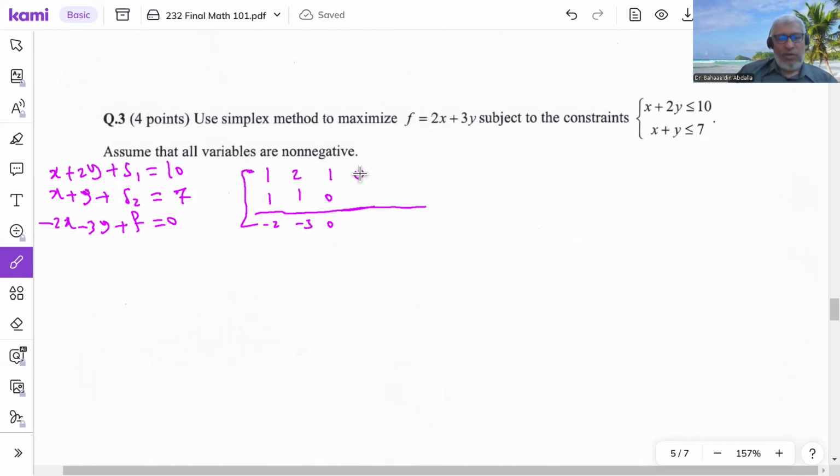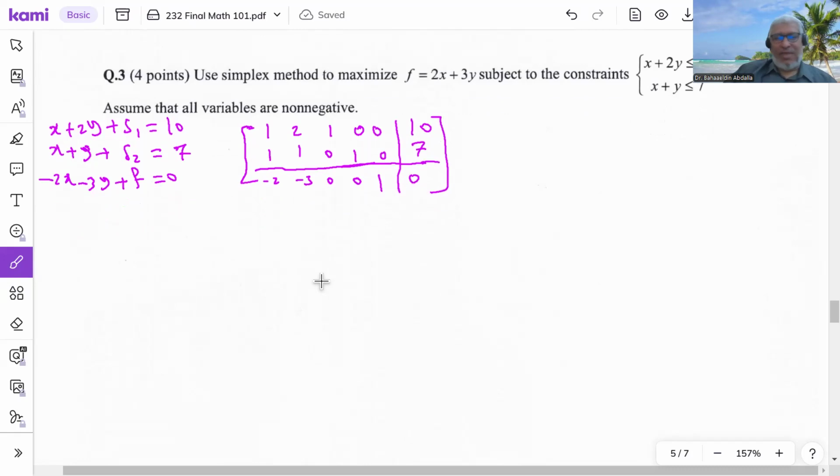The coefficients of S2, there is no S2 in the first, there is S2 in the second. And the coefficients of f, the objective function, there is no f in the first or the second, but it is here. And now we write the numbers to the right, the constant terms. This is the initial simplex matrix.